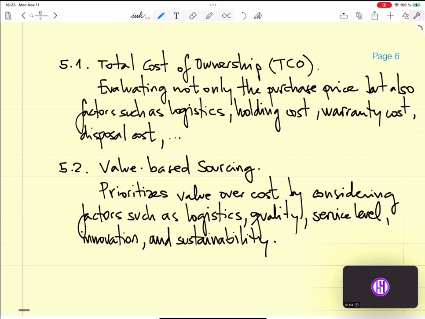And then the last strategy for today is the supplier portfolio management.